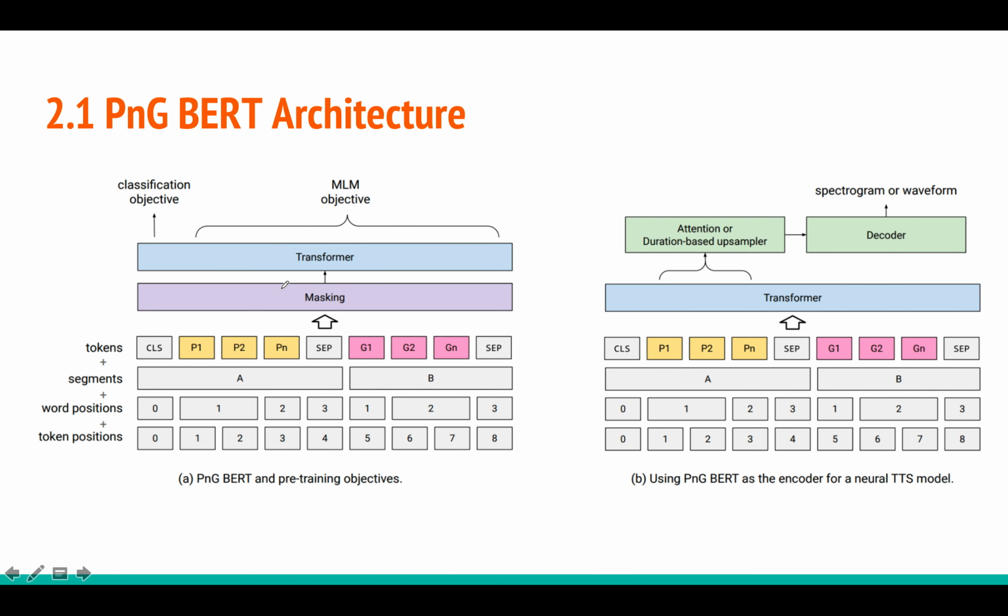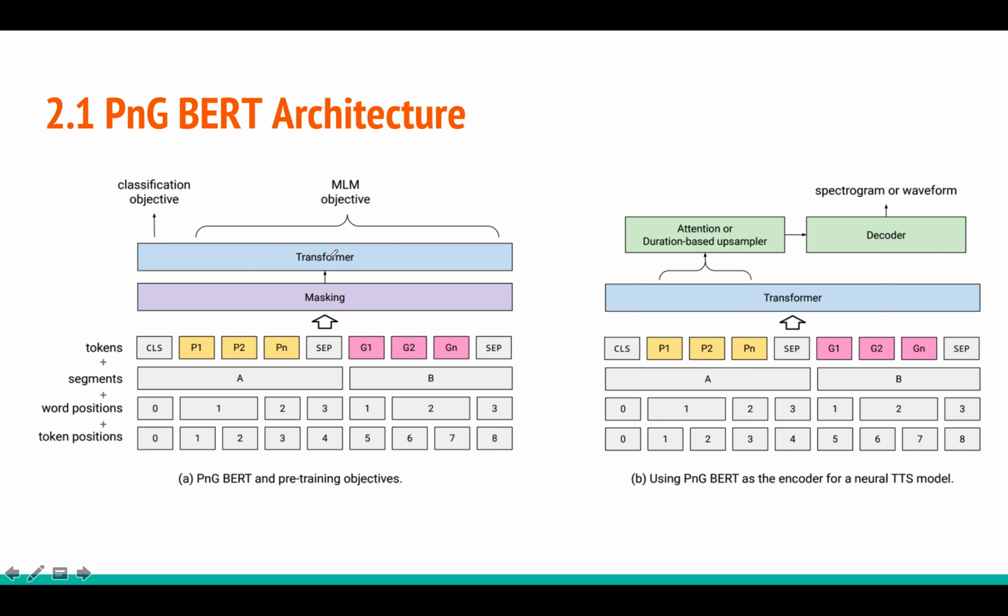Okay, so this diagram is familiar to many people because NLP has been revolutionized by this model. In the case of BERT, the main components are the transformer and the masked language modeling criteria. They also have a few other criteria such as classification objectives and so on. The way the BERT model is trained is a little bit different from what these guys are doing. In the case of BERT, they use two different objectives.